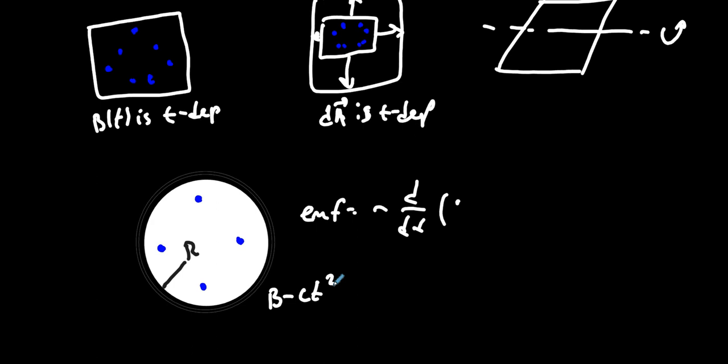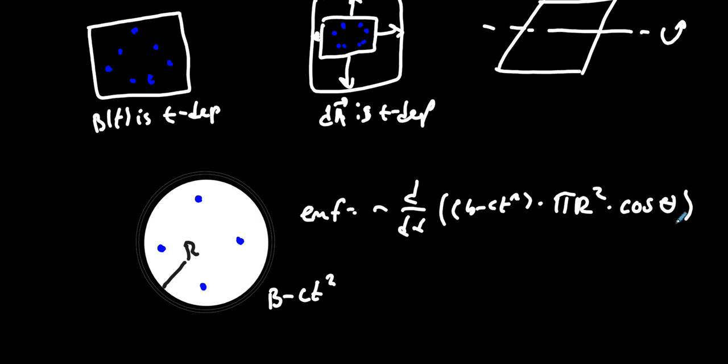It's going to be a decreasing strength. And for this one, we'll have B minus CT squared times the area of this circle, which is just pi times r squared, and then times cosine of 0 because the flux is coming right at us.